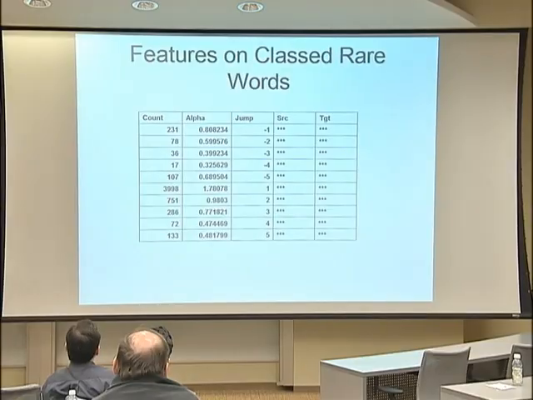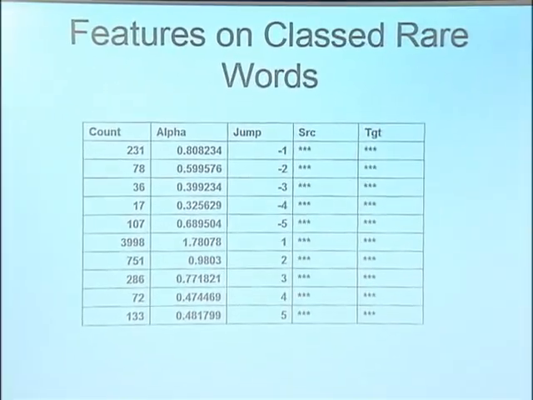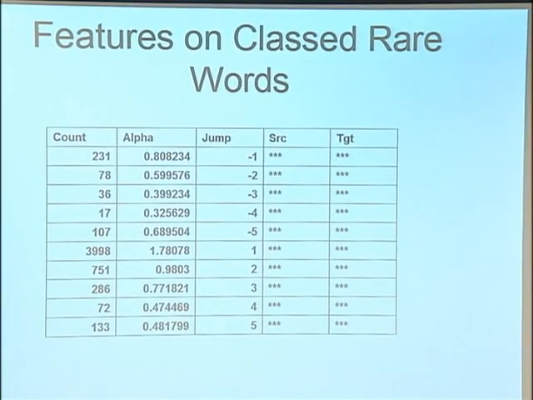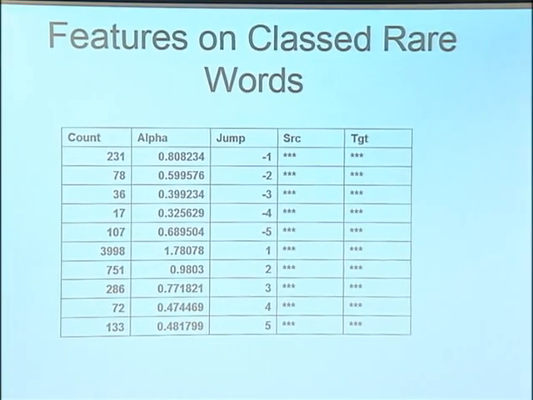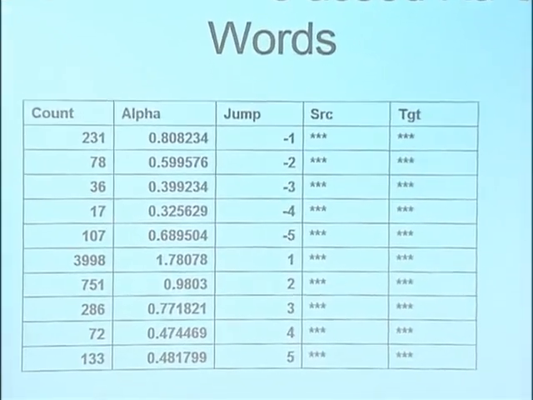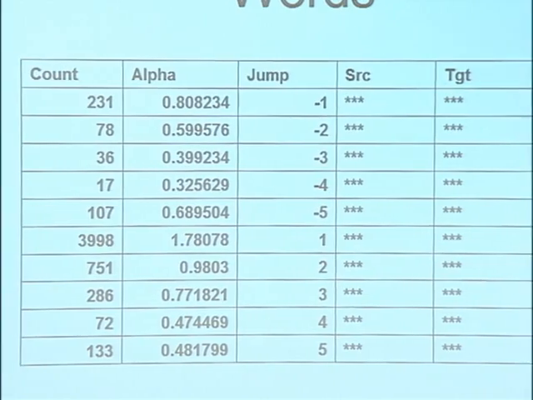Okay, so here's one last feature type, and these are based on classed words. Yes, we have millions of sentence pairs to do Arabic-English translation, but you still don't see all possible transition things. So this is one way to alleviate that for those really rare source words.